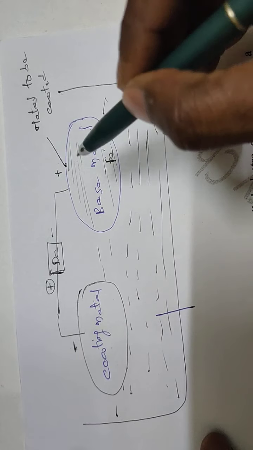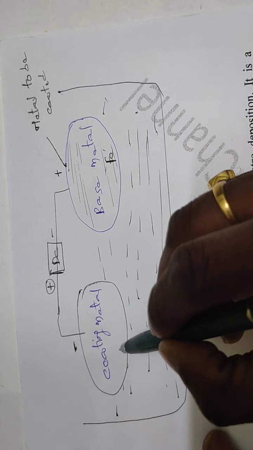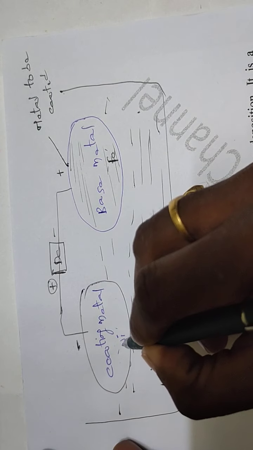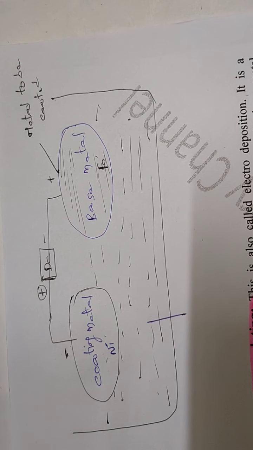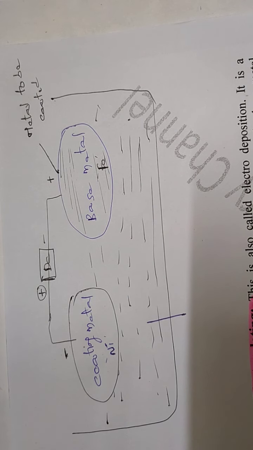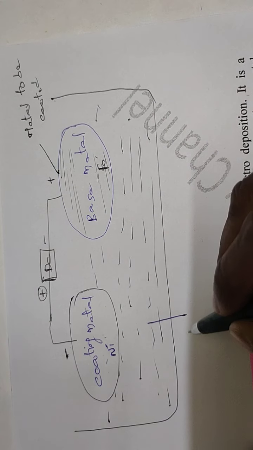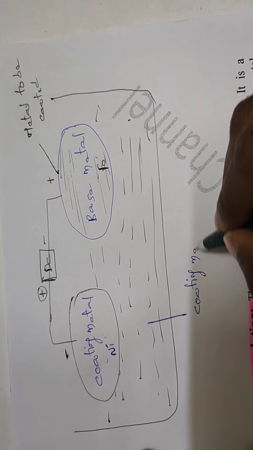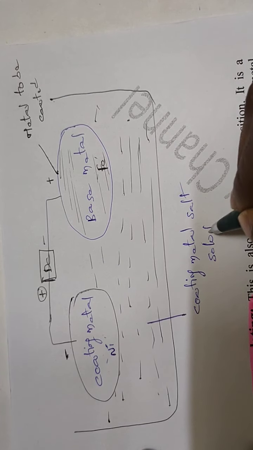So the metal to be coated, or the base metal, is connected with a coating metal. Let us assume that it is nickel. Here the coating metal is nickel and the base metal is iron. That means we want to coat this iron metal with nickel. Then the coating metal and base metal are both dipped in the coating metal salt solution.